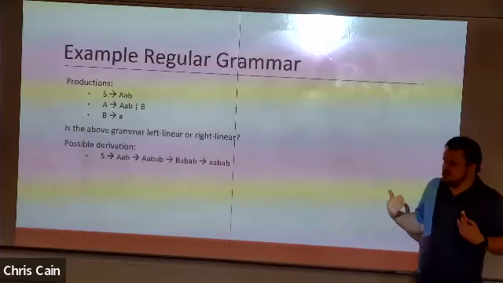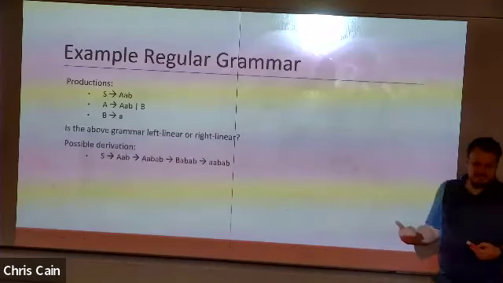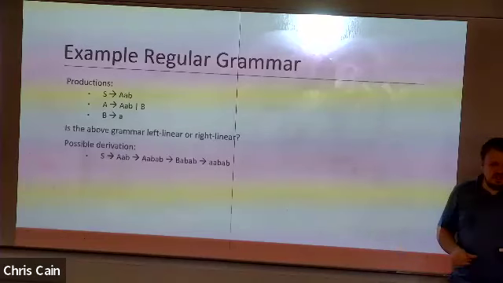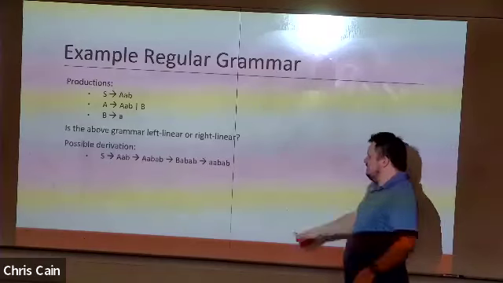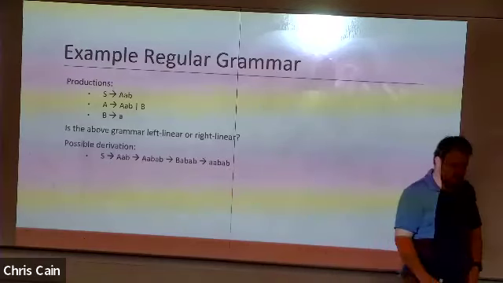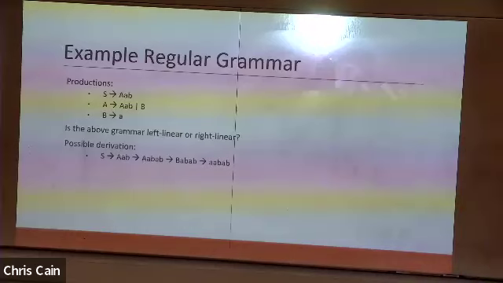And the resulting string is in the language. Since this is left linear, we know that the language that this grammar accepts is regular. And one such string in that language is AAB. Questions on the derivation? Questions on the grammar?